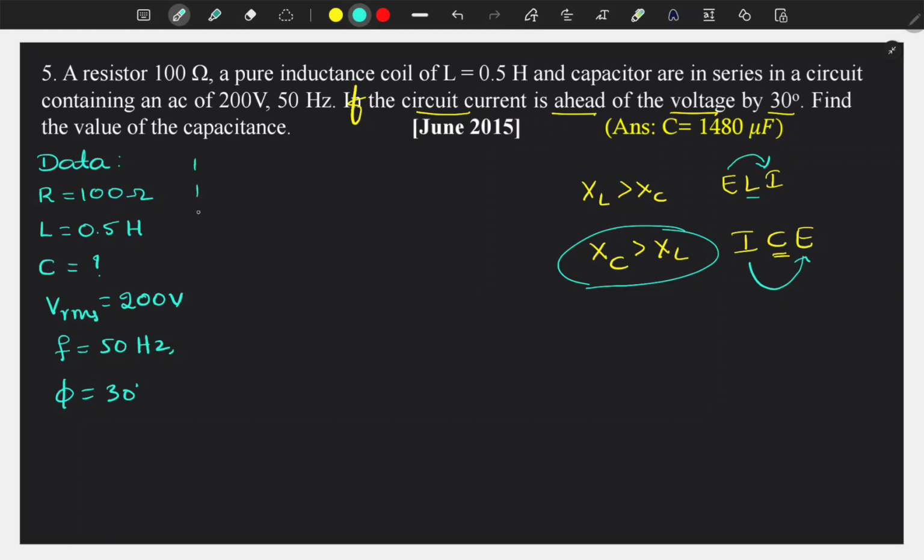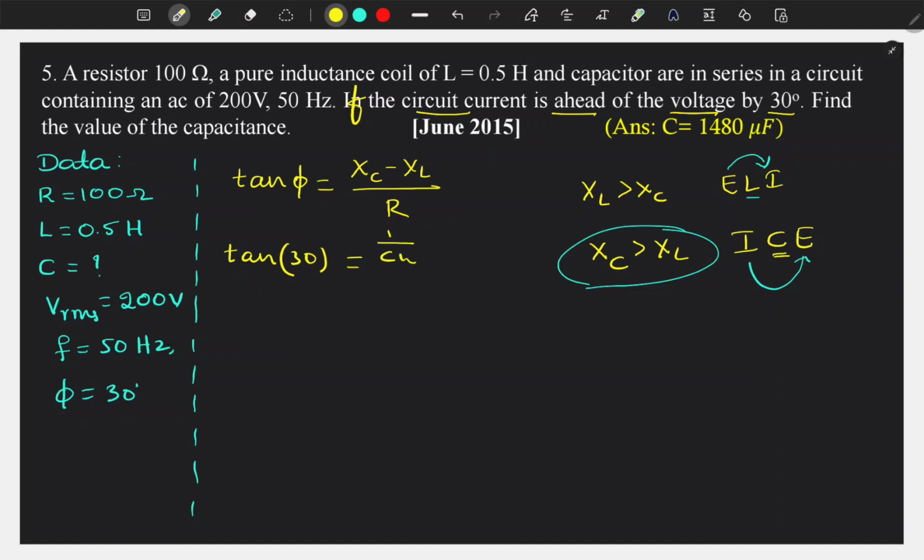By using this, we know that tan phi is equal to XC minus XL by R. So that is, tan phi is tan 30 degree, which is equal to XC value and XL value we don't know. So we can substitute that and get the answer.